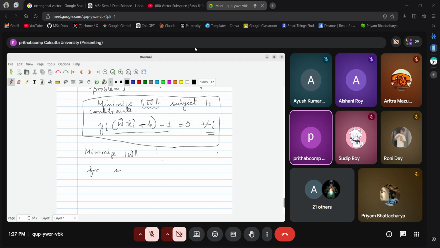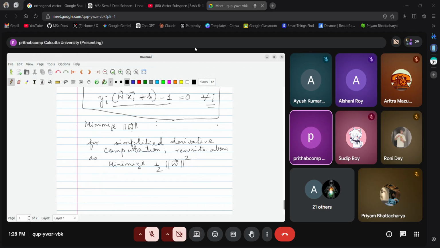So for simplified derivative computation, rewrite the above as minimize half of W square. Okay.